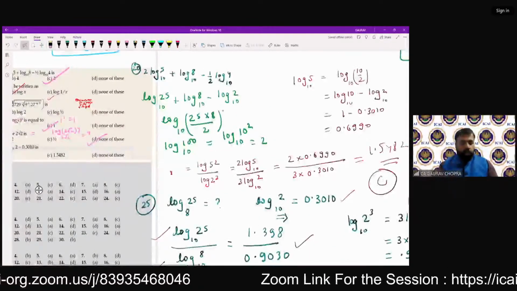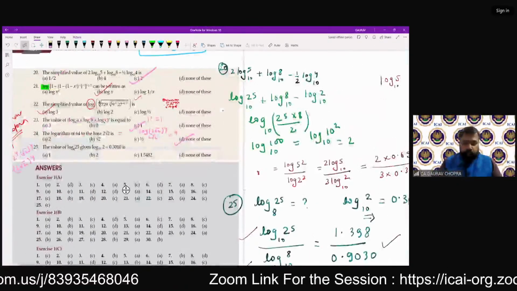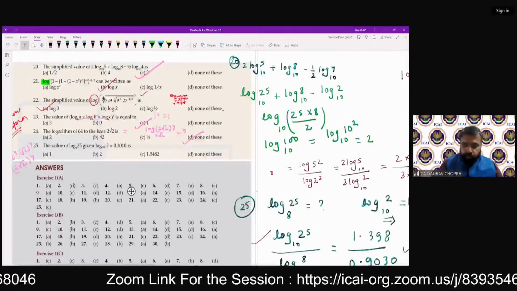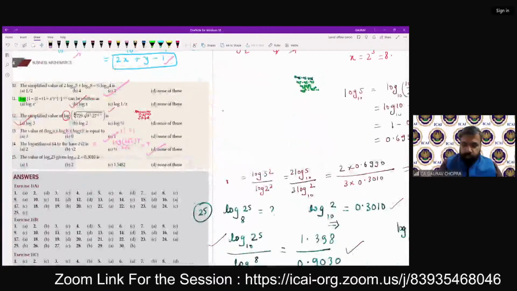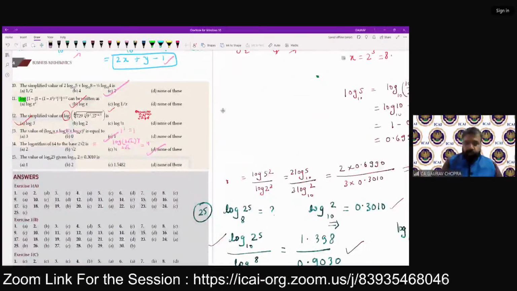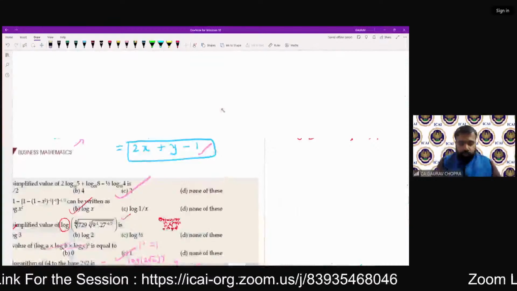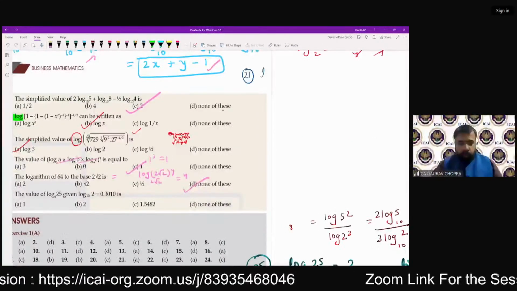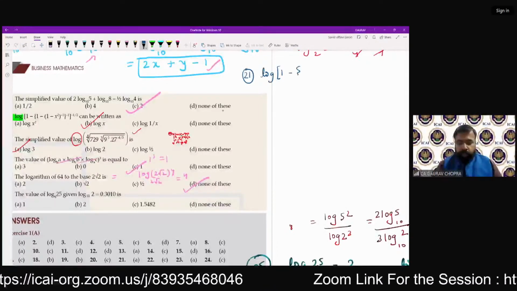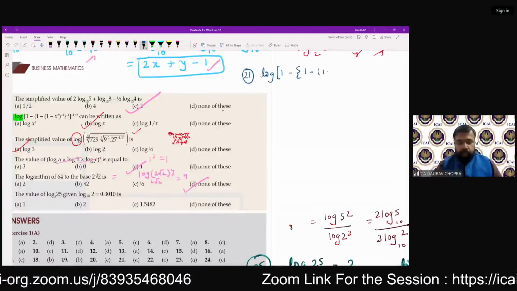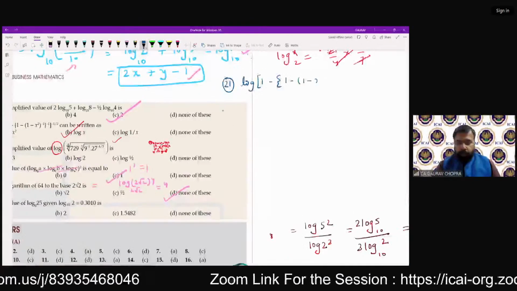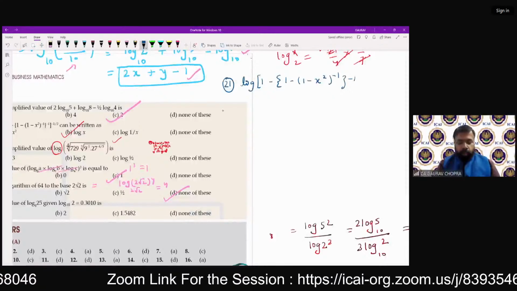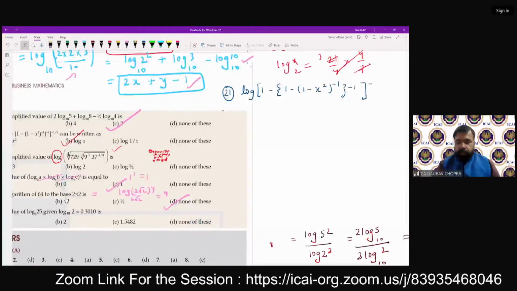Log of this, let's do it quickly. 21: log, then bracket 1 minus, again bracket 1 minus x square, whole to the power of -1, again to the power of -1, and then to the power of -half.